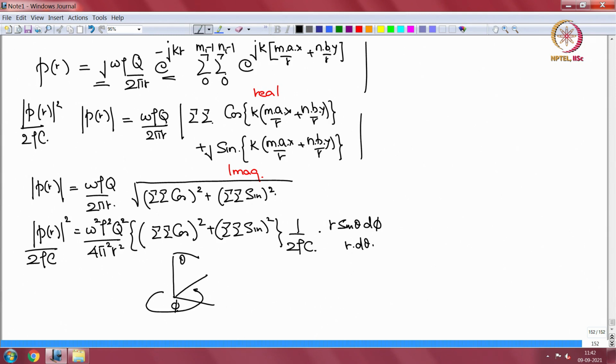Now you integrate this, integrate p r squared by twice rho c, with theta limits 0 to pi by 2, phi limits 0 to twice pi. It is relatively easily integrable.